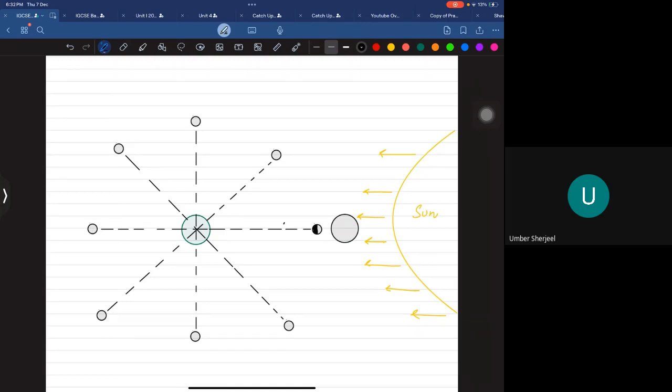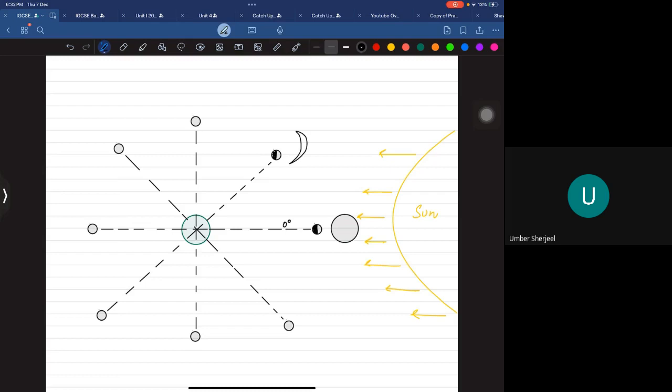This is when it is about 0 degrees from Earth. Then when it moves to a new location, one side is dark and the other side is quite visible. So that's why we see a moon like this.